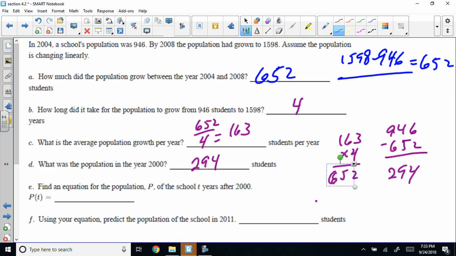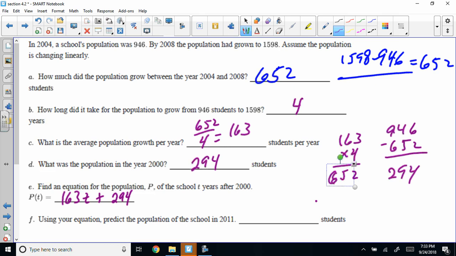That would be the y-intercept, would it not? That's exactly why they made us do that. So all they're doing is finding the change in x, change in y, the slope, and then finding the y-intercept. So that is P sub t equals what? 163 t, right? Plus what? 294.